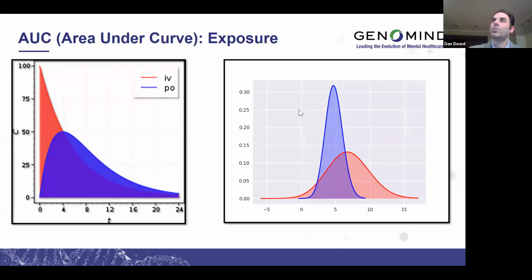And what we use to determine exposure is a term called AUC, which is an acronym for area under curve. I imagine all of you have seen a time versus concentration curve before. So here's an example of some of them. At time 0, we mostly have concentrations of 0.